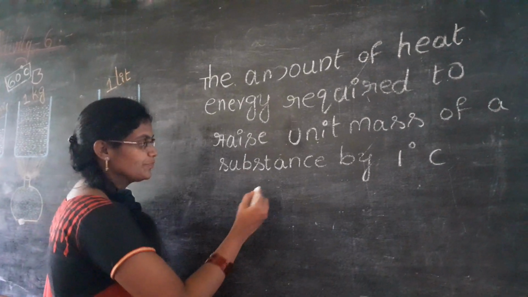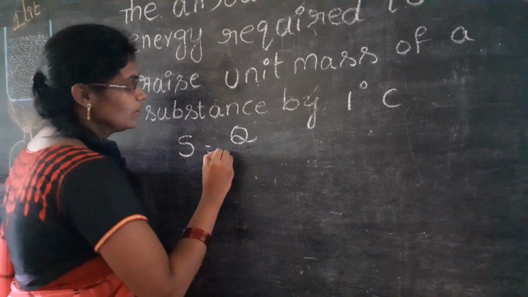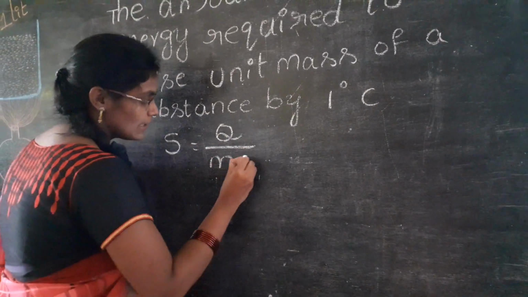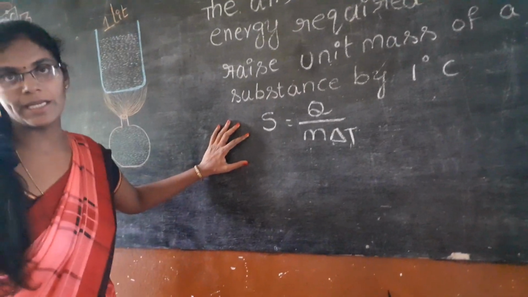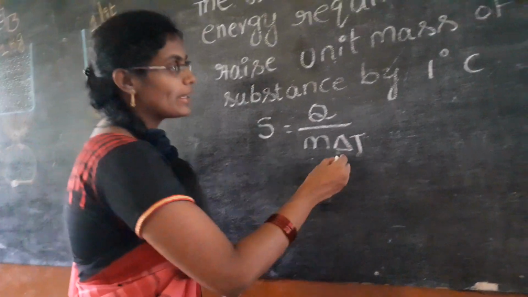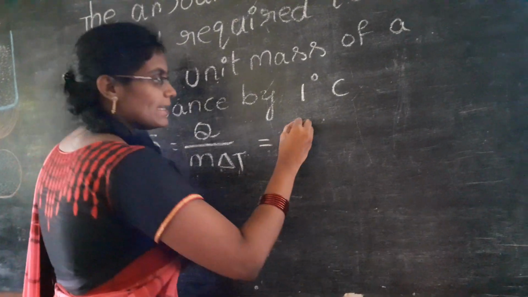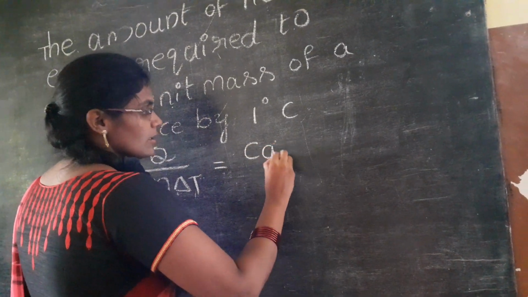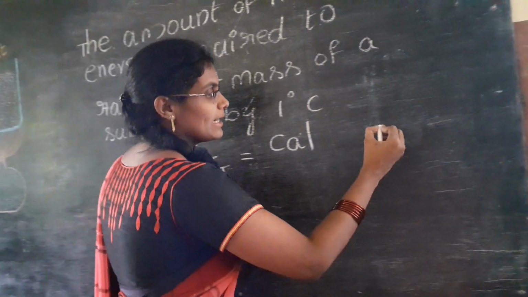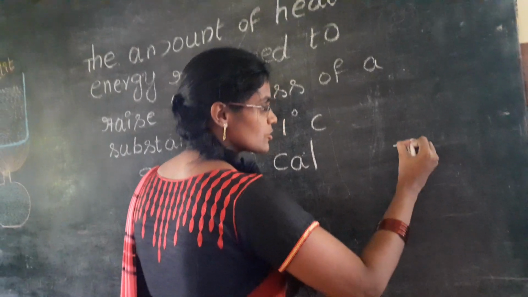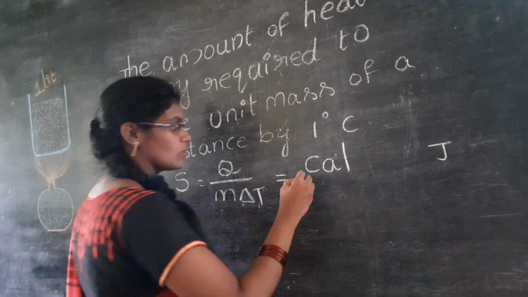So, next take the formula. S is equal to Q by M delta T. Now, what are the units of specific heat? How to find out the units? Look here. What are the units of Q? In CGS system, the unit of energy is calorie, and in MKS system, the units are joules. In SI system, the units are joules.